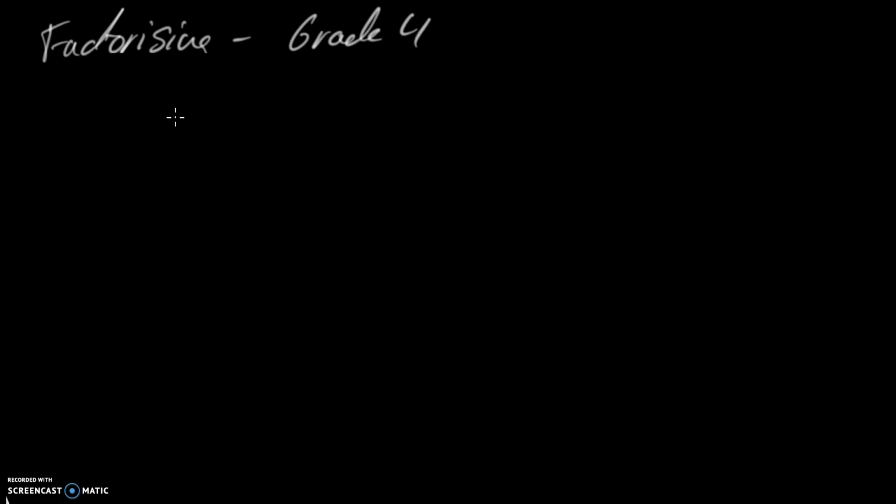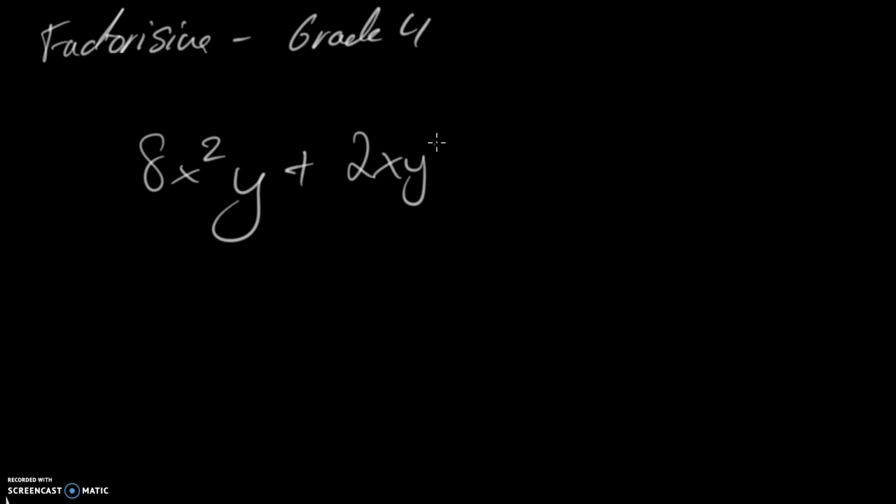So let's say we have 8x squared y plus 2xy squared. The highest common factor between these two terms would be 2xy, because 2xy goes into both 2xy squared and 8x squared y.